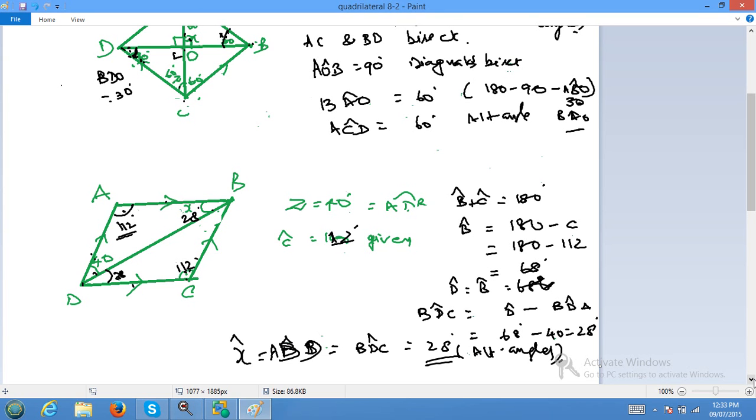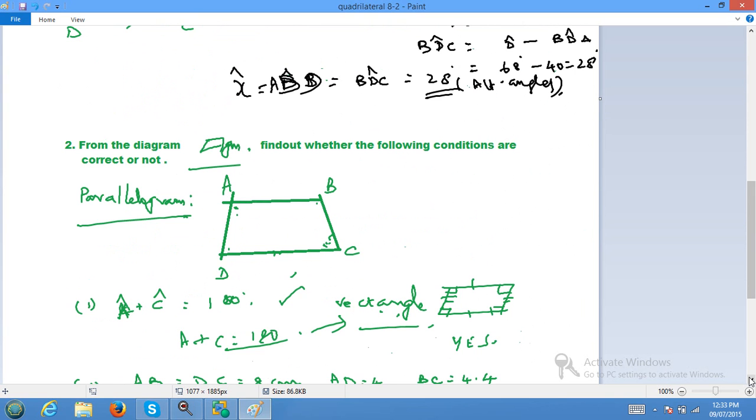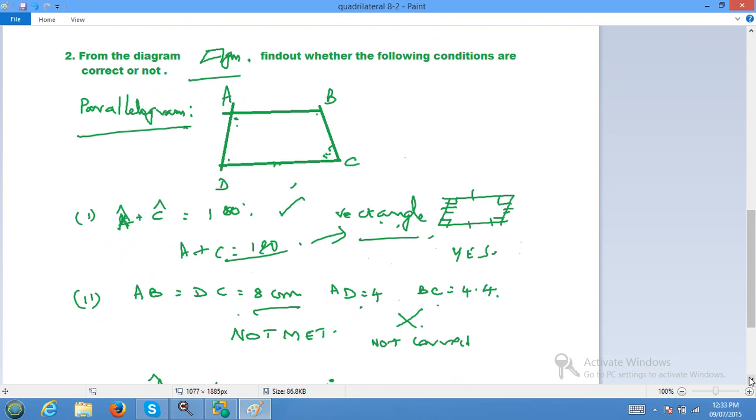So in a parallelogram, the sum of two adjacent angles is equal to 180, and opposite angles are equal. These two properties. So next, from the diagram of the parallelogram, find out whether the following conditions are correct or not. First condition: angle A plus C is equal to 180.